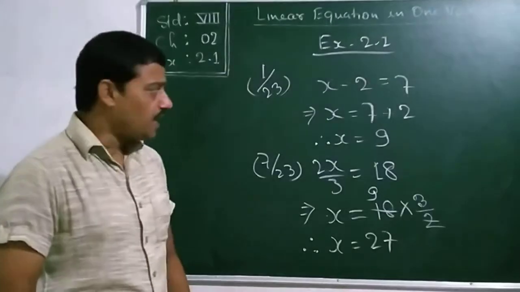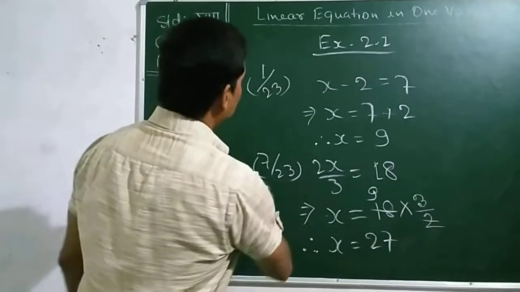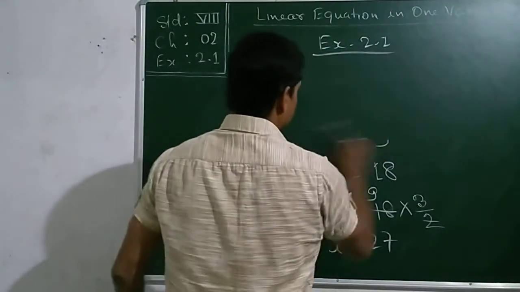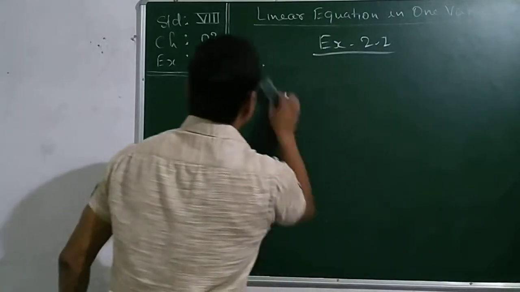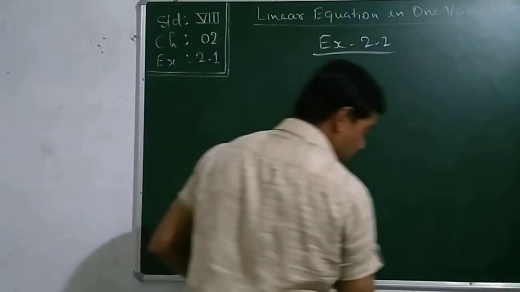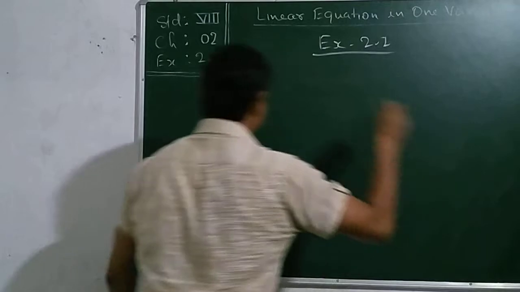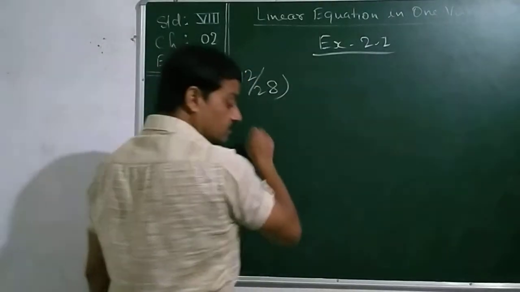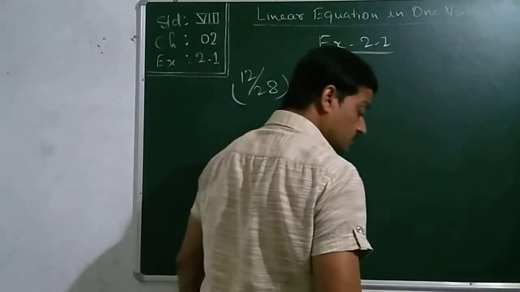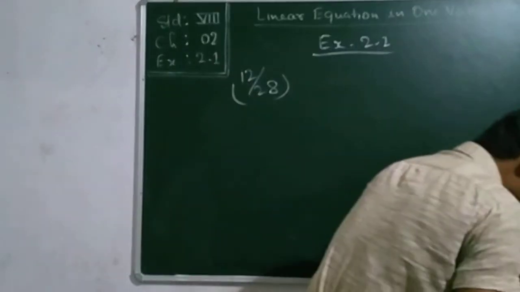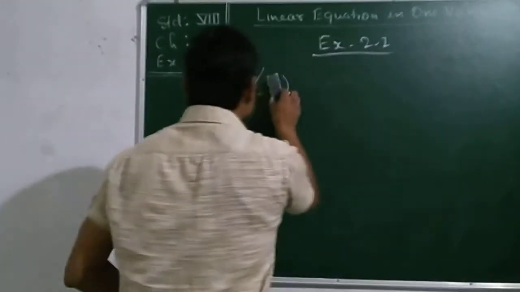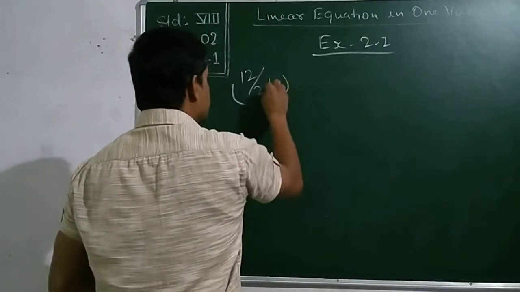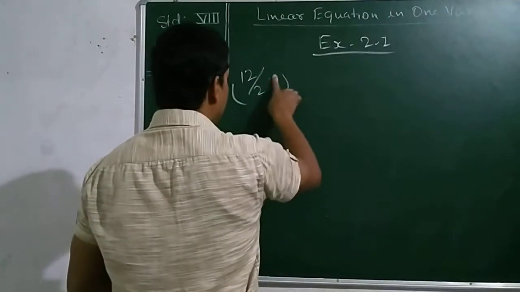One more sum I would like to explain. Come to the twelve number sum. Not 28, the page number is 25.